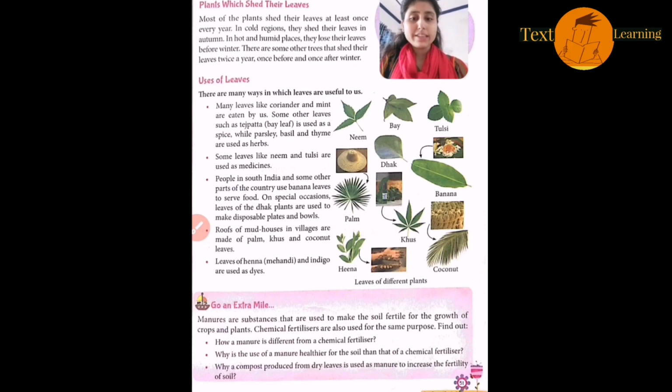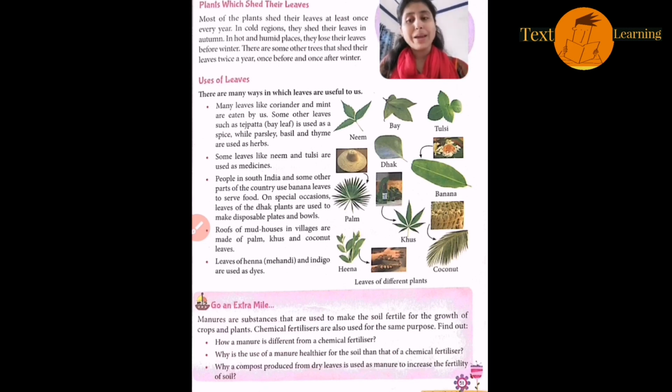Okay, now next is chemical fertilizer, also used for the same purpose. Find out. Okay, there are chemical fertilizers and there is manure. What is best for you? What is best to grow the plants? As you can understand, chemical, as its name suggests, is not safe for everyone. Chemical is not safe for us, chemical is not safe for plants as well.